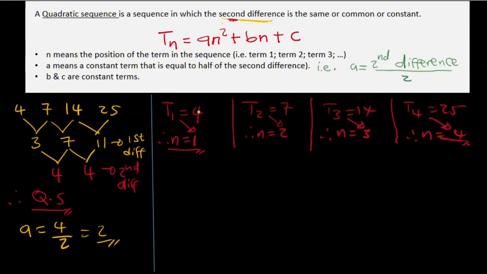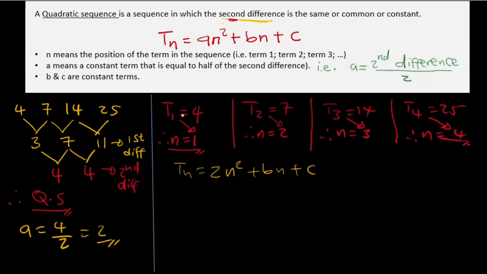So from this equation, we already know that a equals 2. So I'm just going to substitute it here. So we have 2n squared plus bn plus c. So let's start with that part.